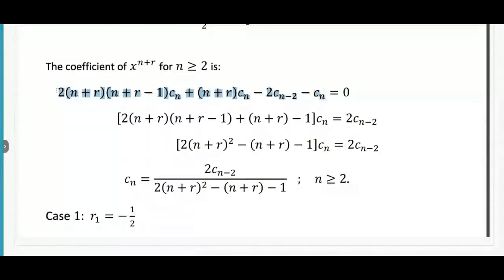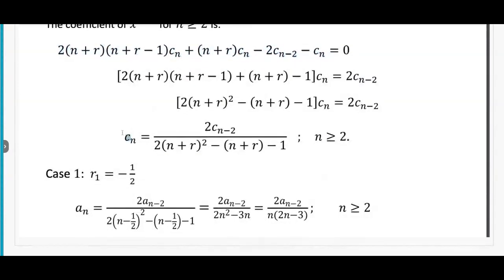So we collected the coefficients of the x raised by n plus r term. We simplify. In the end, we get a relation among the terms. So in this case, we get a relation of the nth term and the n minus 2's term. Well, n minus 2 is our first term, C naught, right?